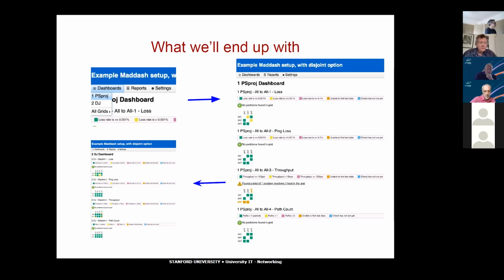If I choose the PS project on the right hand side, it shows you what the project that got built looks like, again in this under 15 minutes time frame. And then back to the left, it shows what the disjoint dashboard looks like. And I think next slide.